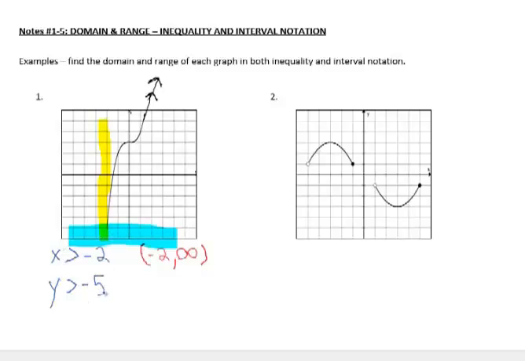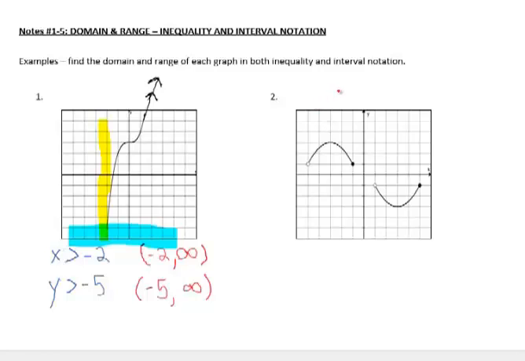Y is everything greater than -5, and remember we don't include it because it's an open circle. And then to our interval notation, starting point is that y value, -5, and it goes on and on and on, up and up and up to positive infinity. And both of those are parentheses because that's an open circle, and infinity always has parentheses.